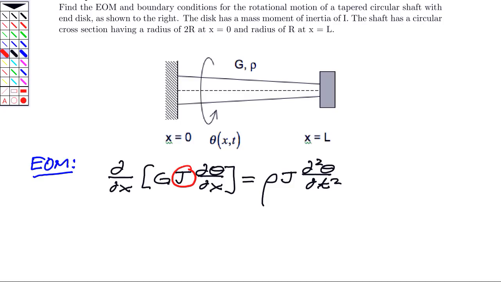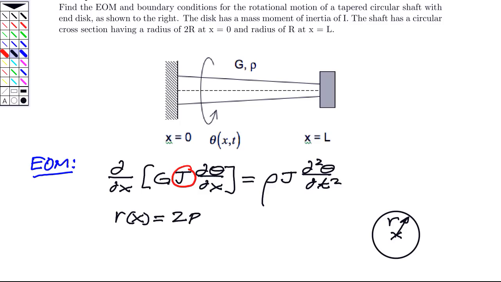Well, the thing that we recognize here is that if I draw a picture of the cross-section of the shaft at some value of x, then the radius, which I'll call r as a function of x, is equal to 2r minus r over L times x. It's a linear relationship between 2r on the left-hand side and r on the right.